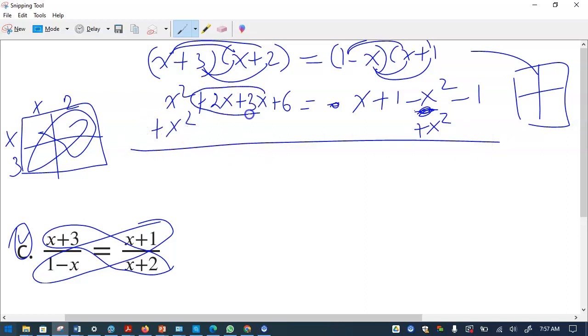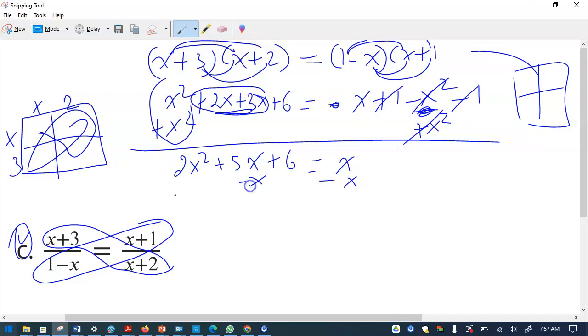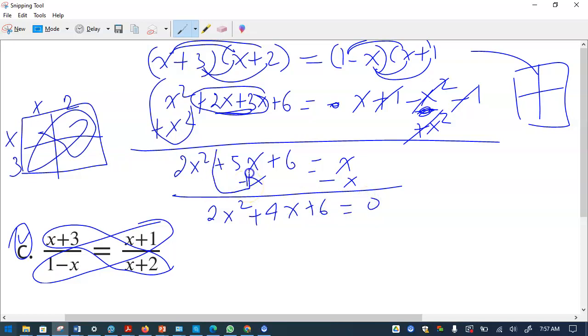This becomes 2x squared, plus 5x, plus 6, and on the other side the x squared goes away and you get x, then subtract it over. So we get 2x squared plus 4x plus 6 equals 0, because it's minus 1 times... plus and minus 1 is plus 4, and you can see there's a 2 which divides all of them.